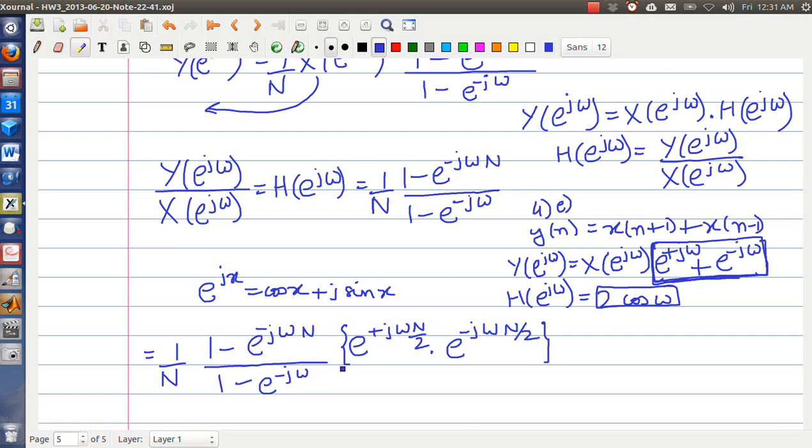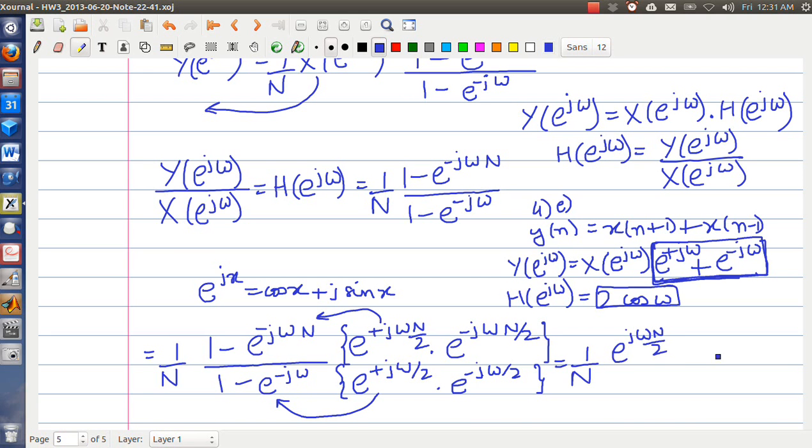Here, half of that is e to the plus j omega over 2 times e to the negative j omega over 2. Using this here and using this here, we get 1 over n, e to the j omega n over 2 minus e to the minus j omega n over 2, over e to the j omega over 2 minus e to the minus j omega over 2.